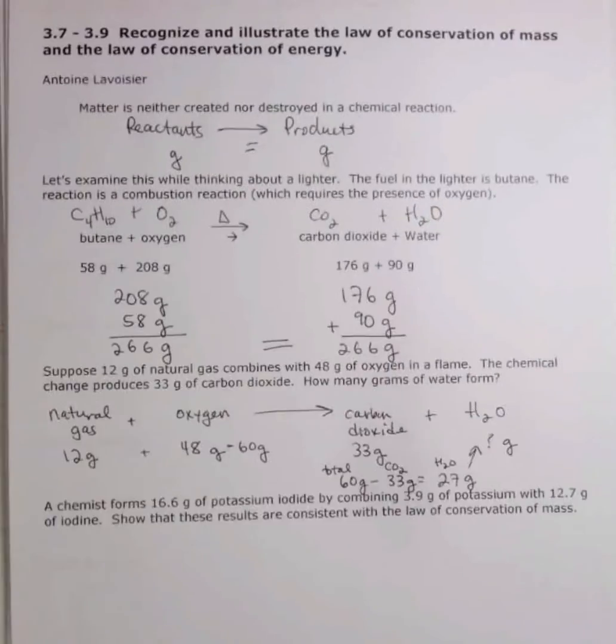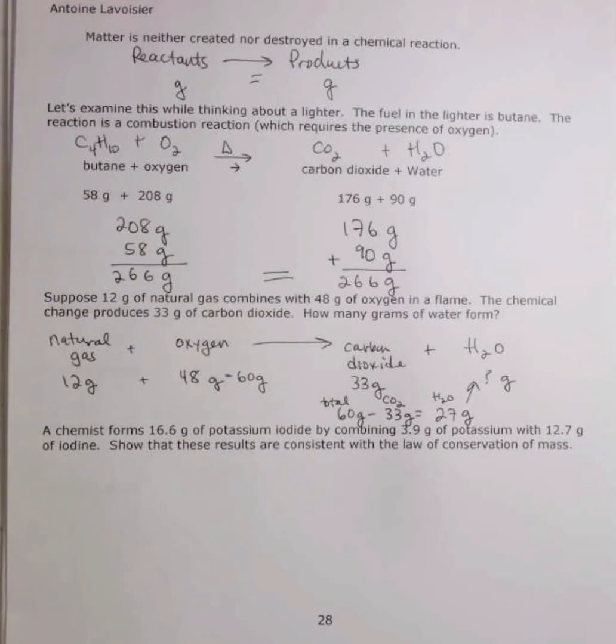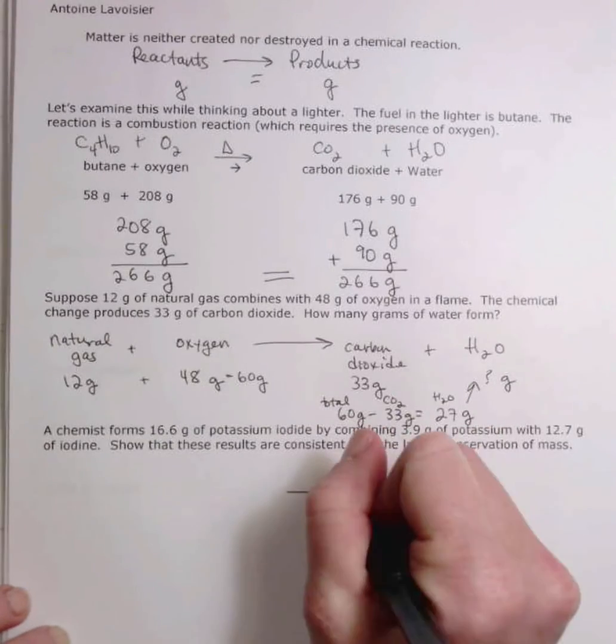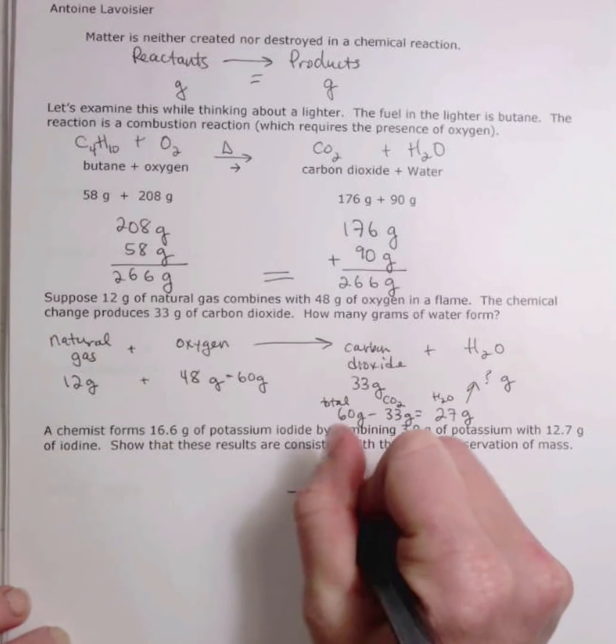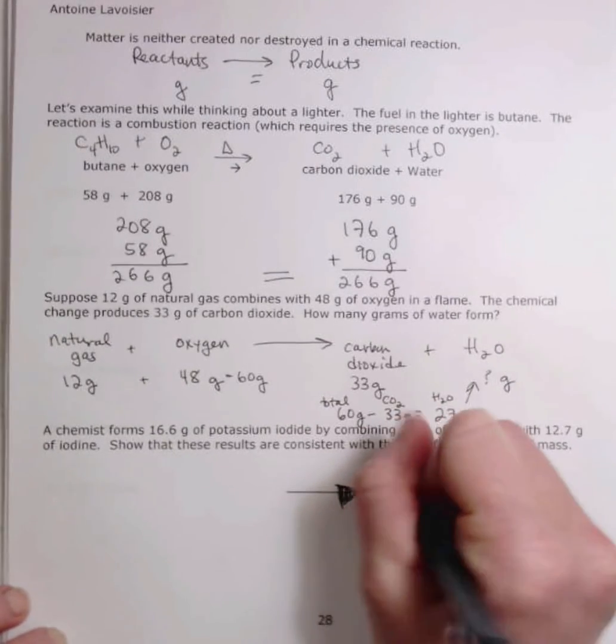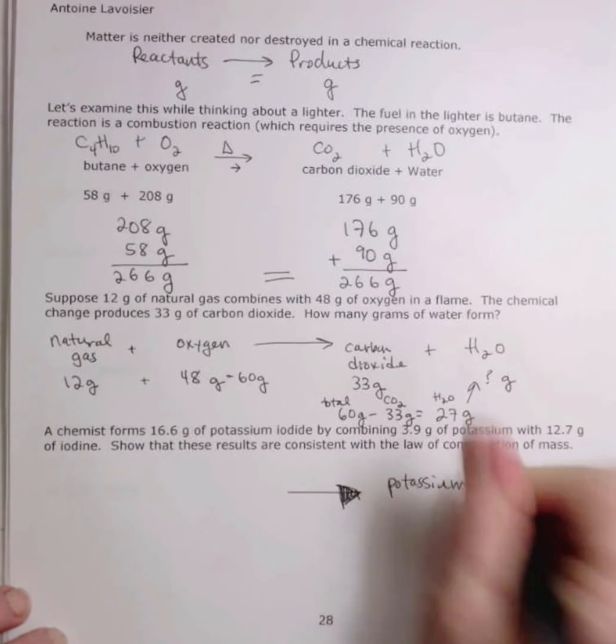Okay? And this last one, a chemist forms 16.6 grams of potassium iodide by combining 3.9 grams of potassium with 12.7 grams of iodine. Show that these results are consistent with the law of conservation of mass. Okay, so your product is going to be potassium iodide.